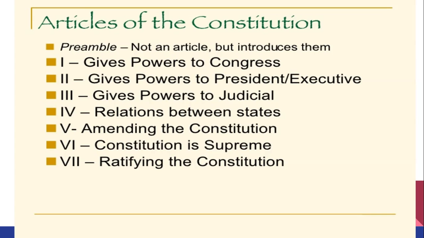Also, we're going to start getting into a little bit of the relations between the states, but we're really not going to get into that too much. That'll be more for Friday. What we are going to look at, though, is checks and balances. How do the three of these powers all work with each other? And ultimately, sometimes, how do they work against each other?